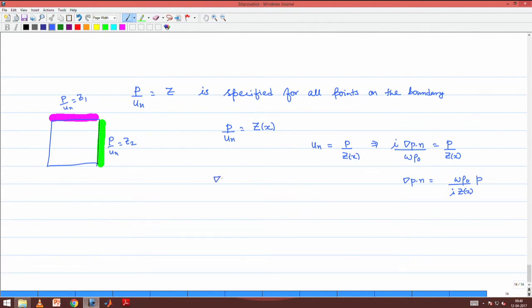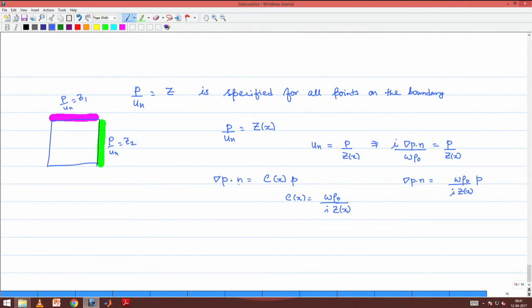In other words, gradient of p dot n is some quantity, I call it c of x, times p, where c of x is omega rho 0 divided by i into z x. Z is the impedance.